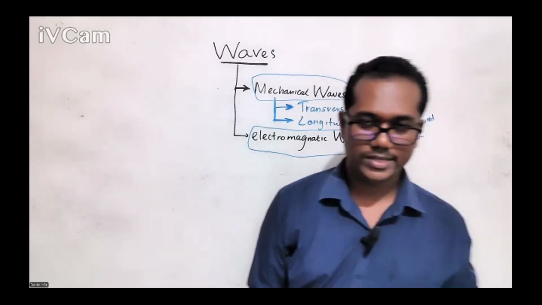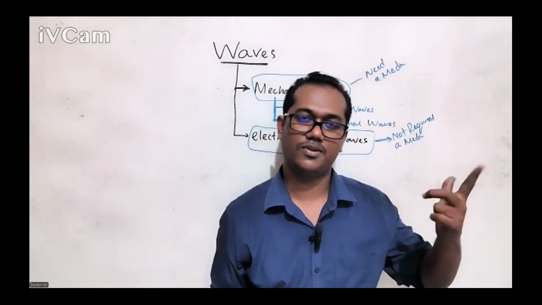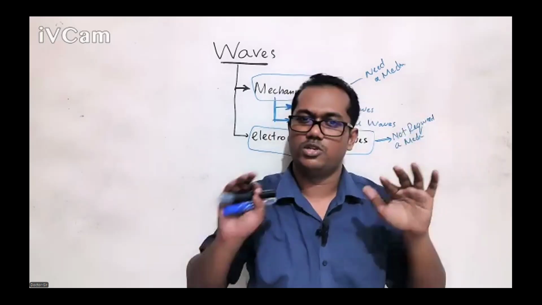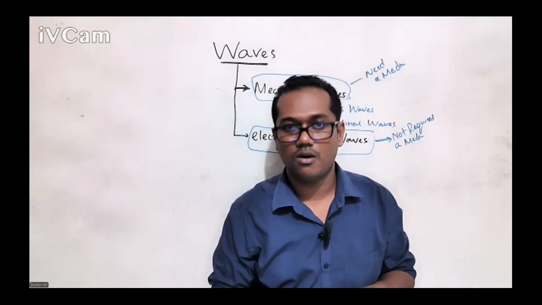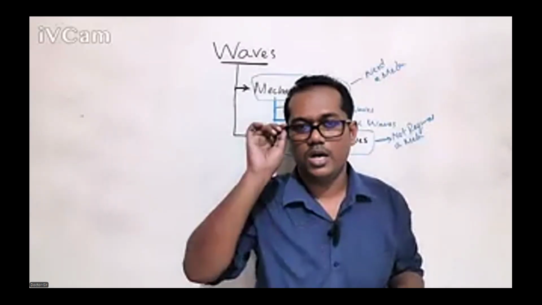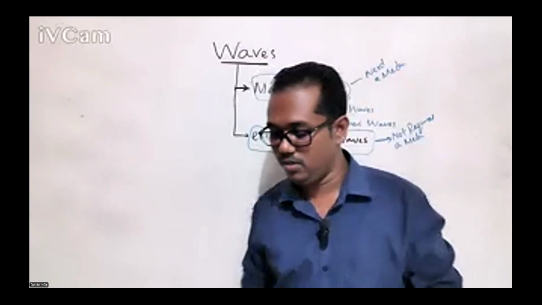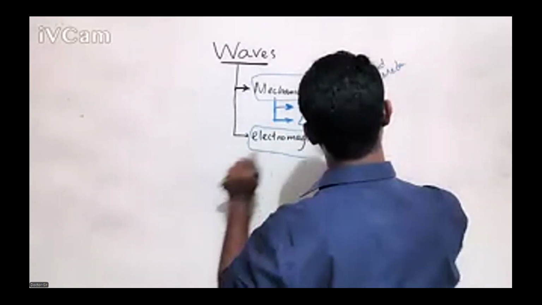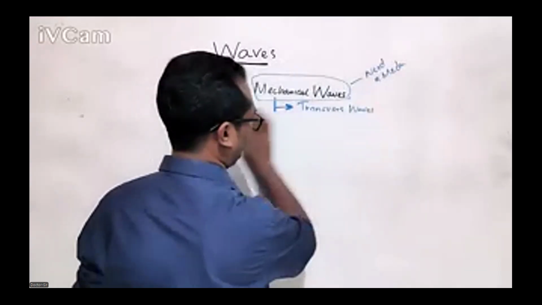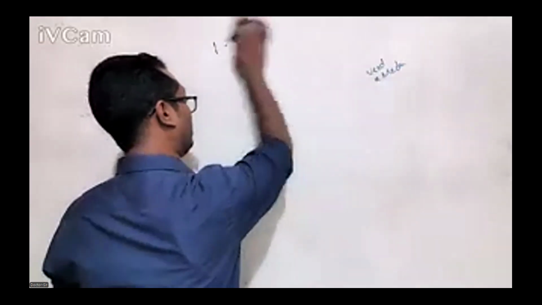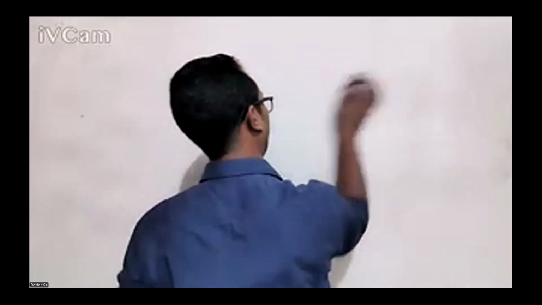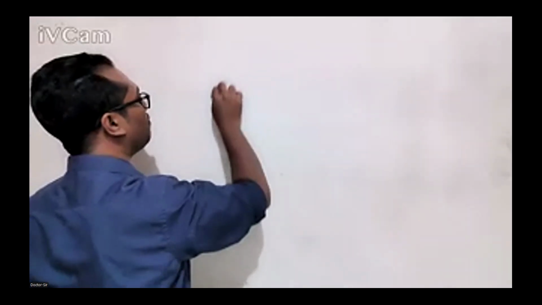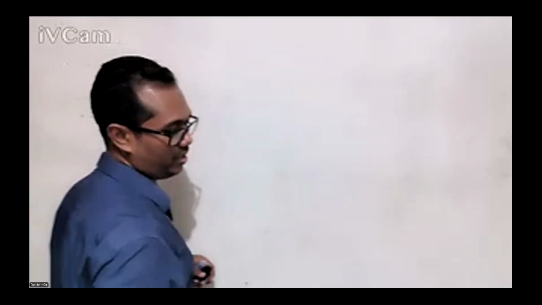We already discussed the examples for the transverse wave and the longitudinal wave. I think that part is almost clear for you, but if you have any doubt, you can ask anytime. Now we'll move on to the transverse wave. Basically we are going to look at mechanical waves, and I will choose the transverse wave to see the physical characteristic features of a wave.